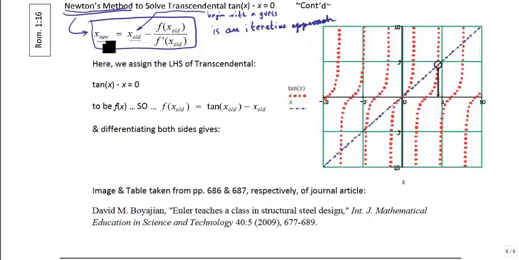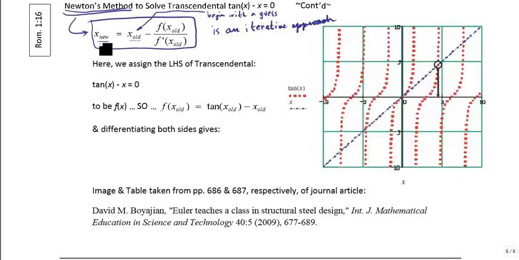That updated value then becomes, in the next iteration, x old, and we go through the machinery again for the second time, and we wind up with a third value of x. And then we go through another iteration where that value then becomes the x old, and this continues and continues until such time that the difference between your old and your new x values, the absolute value of that difference, is quite small or even 0, as we will illustrate.